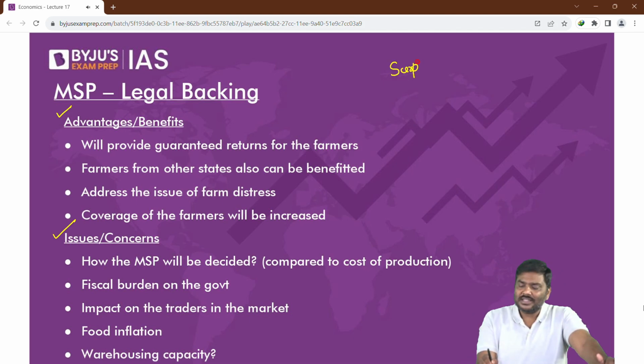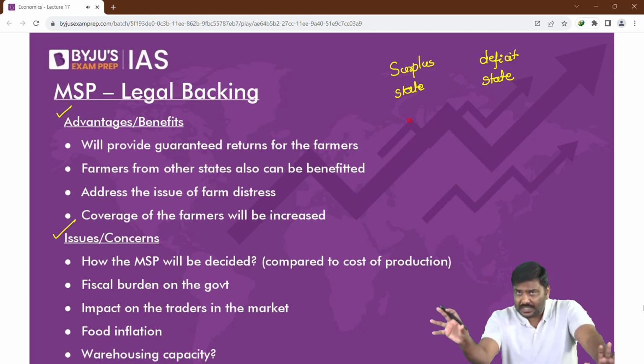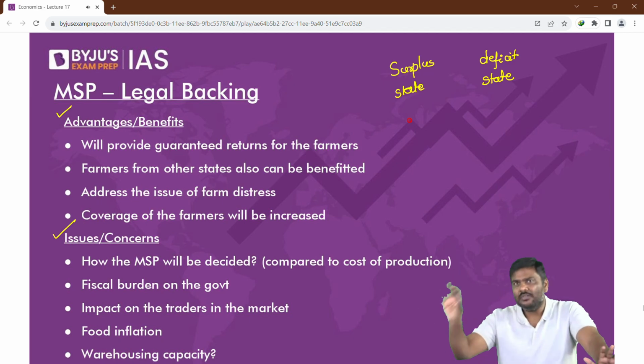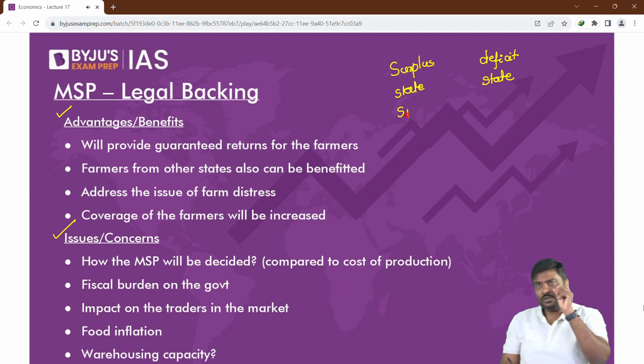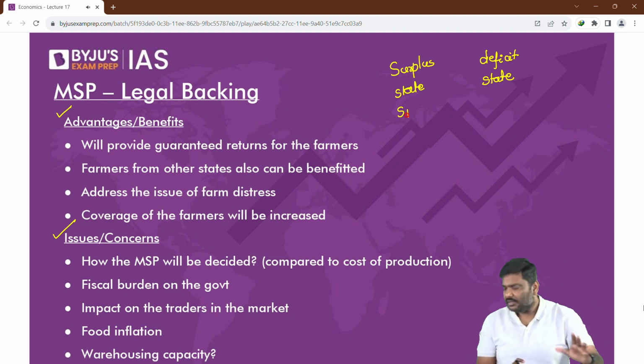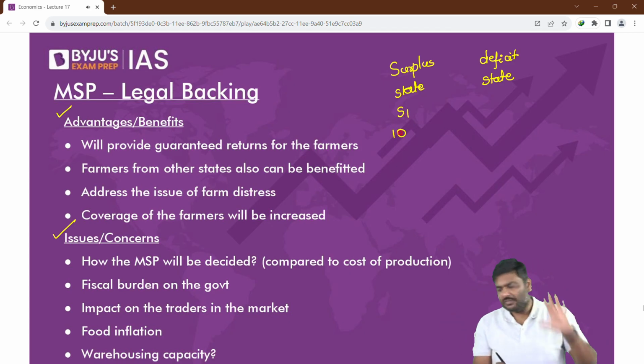Now, point number two. Please understand this very carefully. There are two concepts called a surplus state and a deficit state. What do you mean by surplus state? Imagine government is giving 5 kgs per person in state 1 and there are only 10 people supposed to receive the food grain.